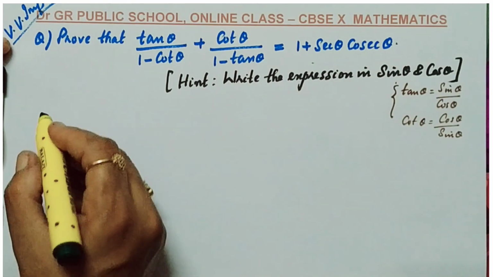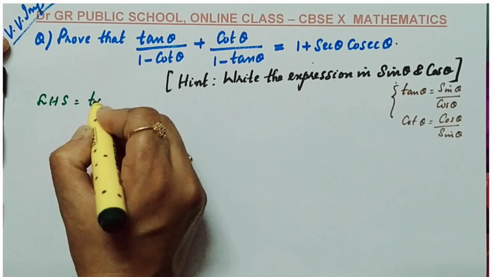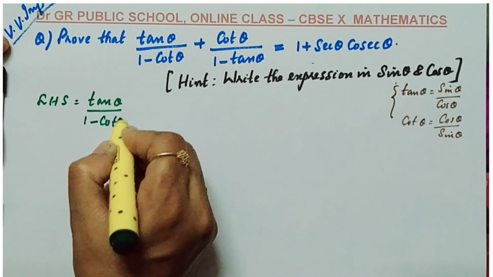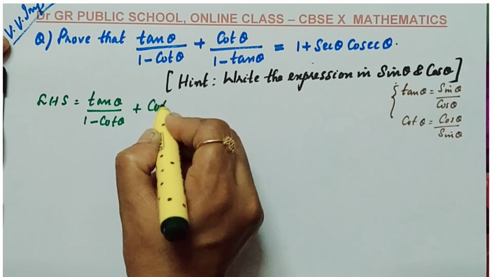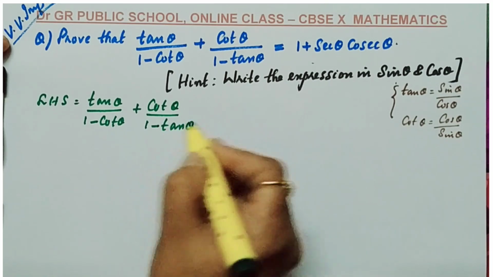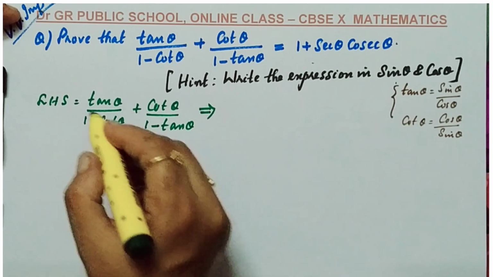Okay, we can take the LHS. LHS equals tan theta divided by 1 minus cot theta plus cot theta by 1 minus tan theta. This I need to express in terms of sines and cosines.